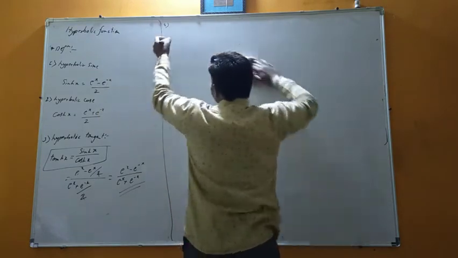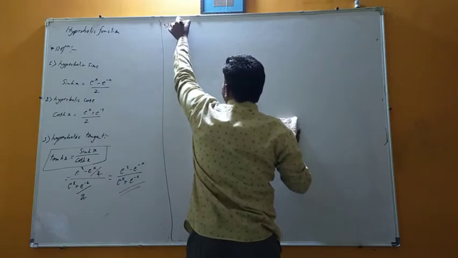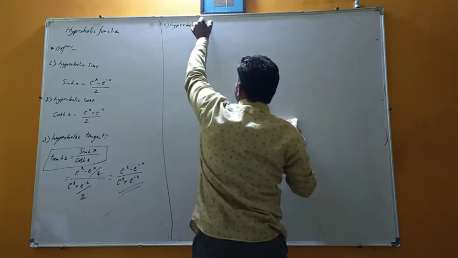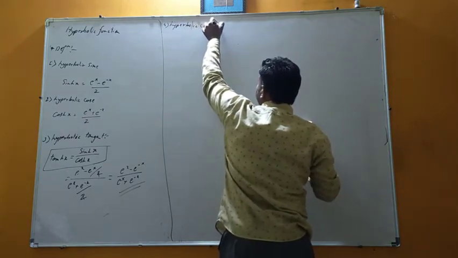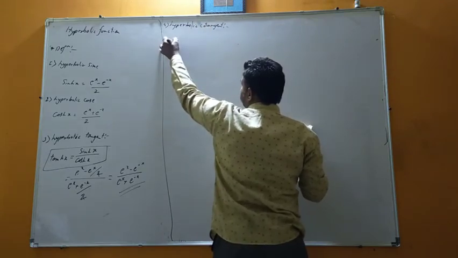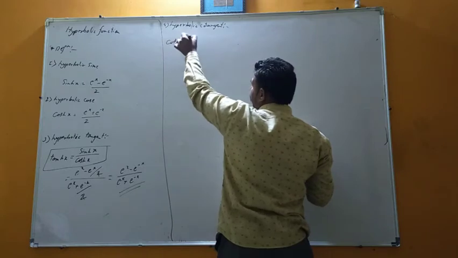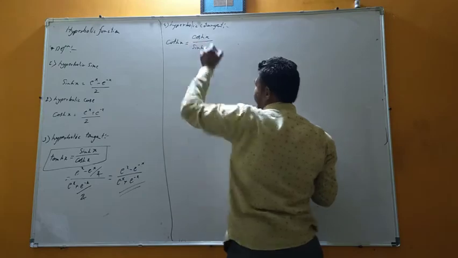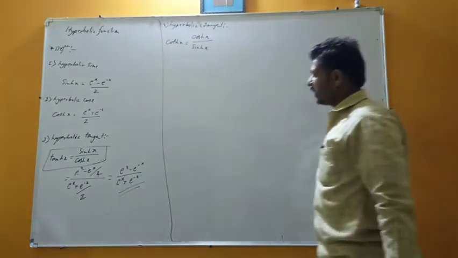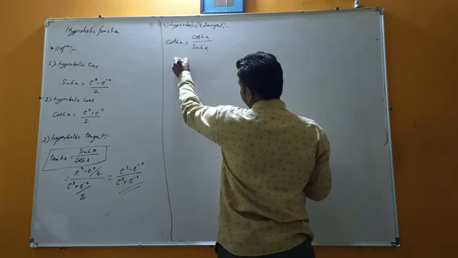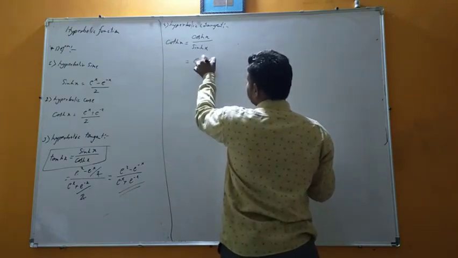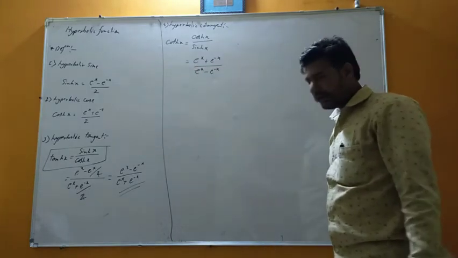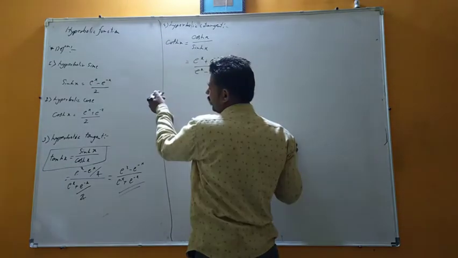Coth of x is nothing but the reverse, that is hyperbolic cos of x upon hyperbolic sine of x, and this relation will be nothing but e raised to x plus e raised to minus x upon e raised to x minus e raised to minus x.